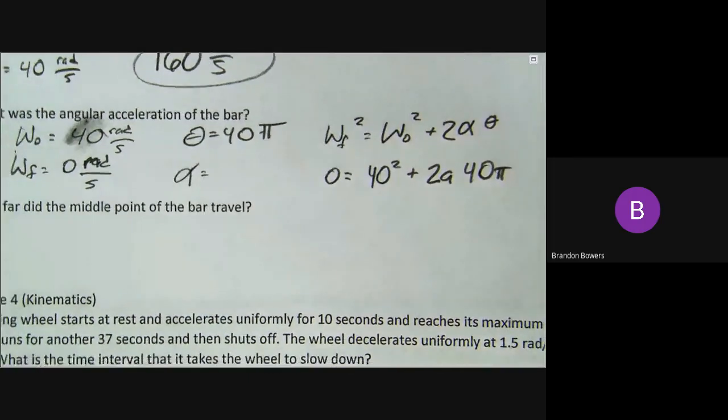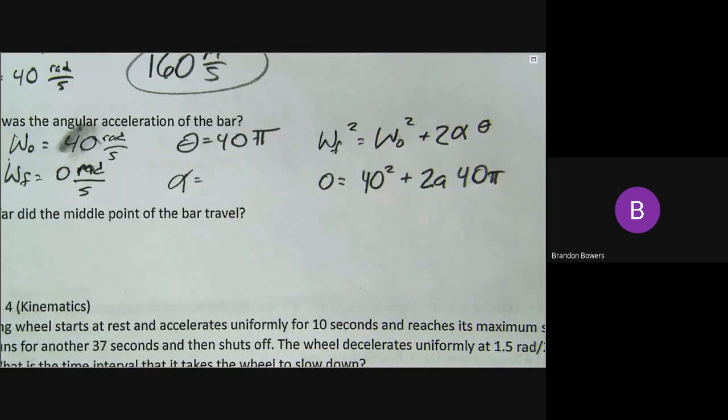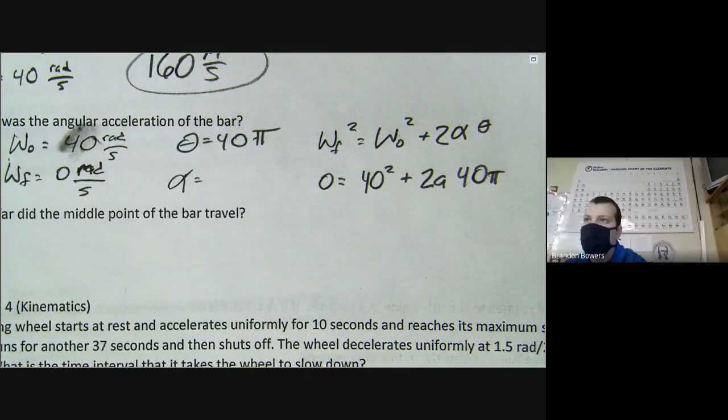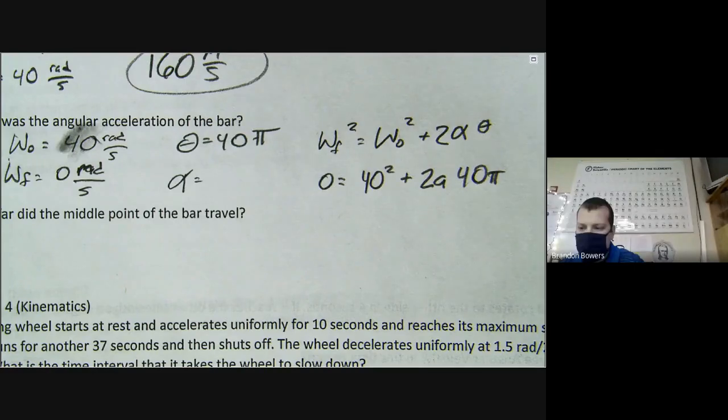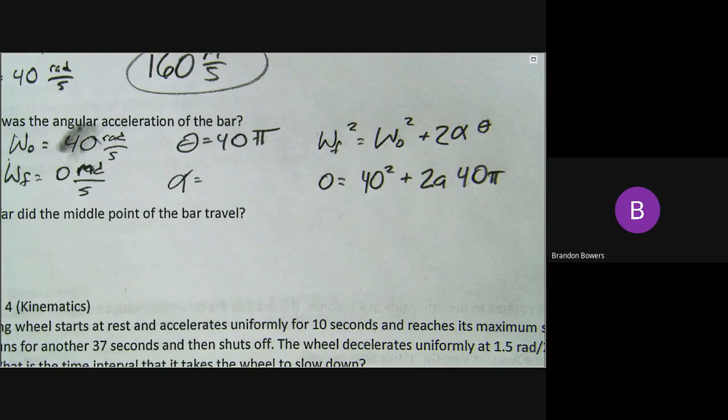We're trying to solve for alpha. 40 squared is 1,600.